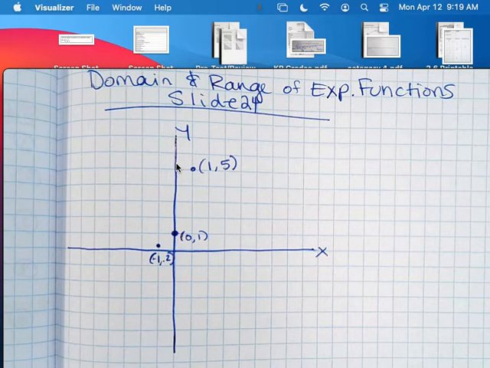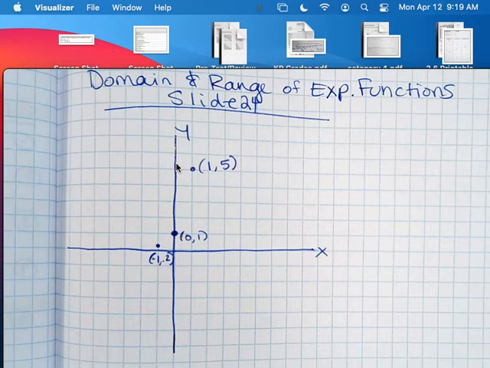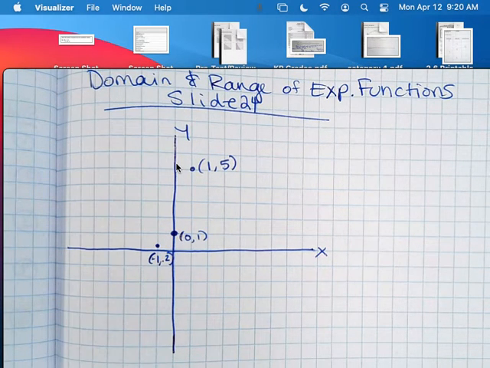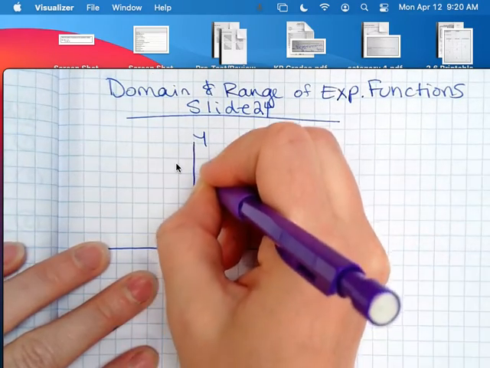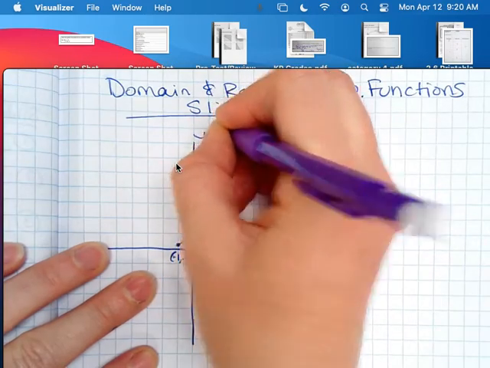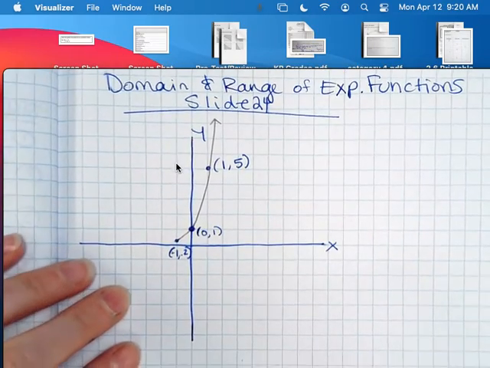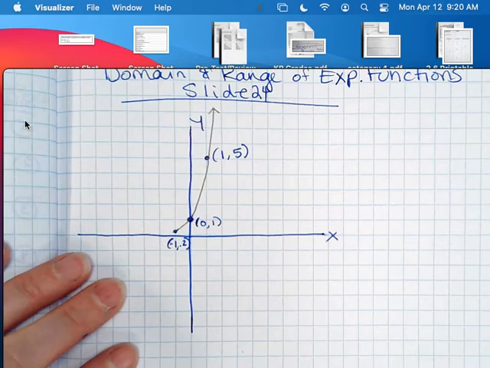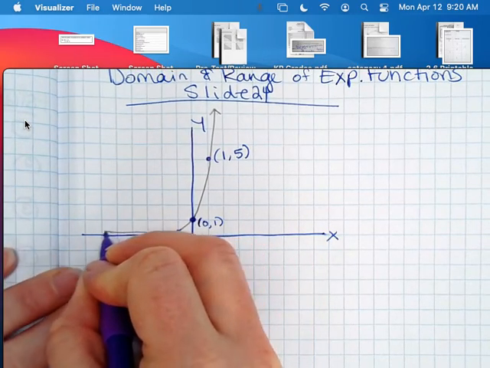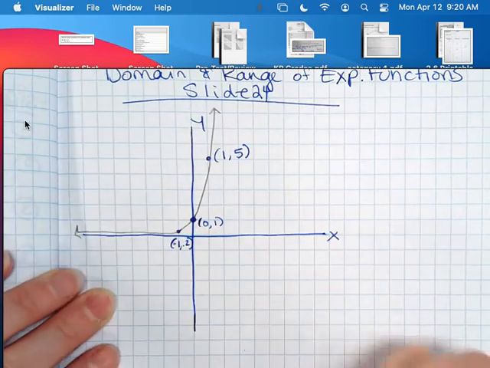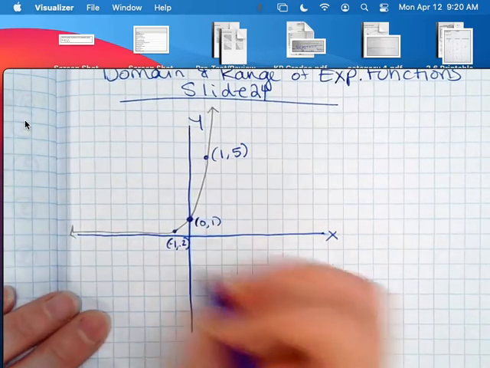If we were to make this look like an exponential function by connecting our points, it would look like this, right? And it'd get closer and closer to the x-axis without ever touching.